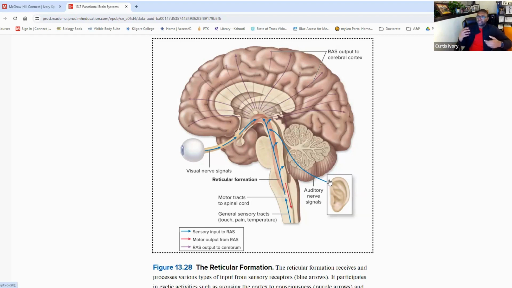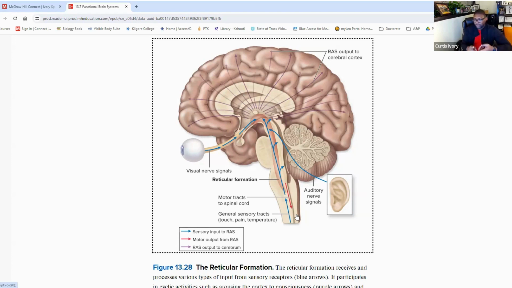The cerebrum is going to essentially interpret this information, generate a process or output, and send it through motor axons down the spinal cord, most definitely to the pons and the medulla.